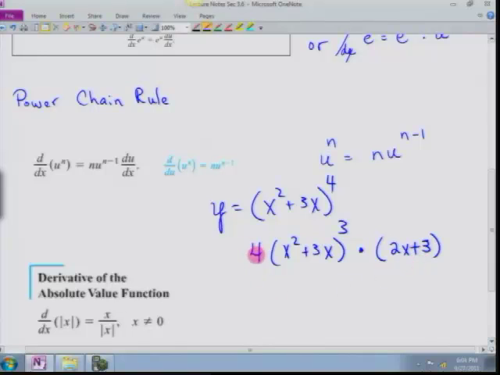So you can multiply it by the 4, so you could have 8x plus 12 times this to the third. So you can clean things up some, but that's the chain rule. Same idea of just the power thing, but you do have to multiply by the derivative of the inside. Does that make sense? Ring a bell for those of us that have seen it before.